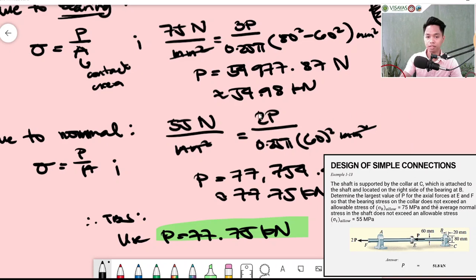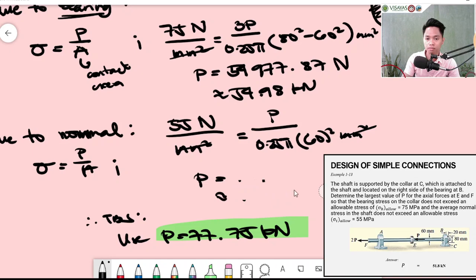So it is 3P, sorry. 3P. So therefore this would be wrong. But I feel this one is right. 3P is right. By method of sections, 3P can be solved at section EB.